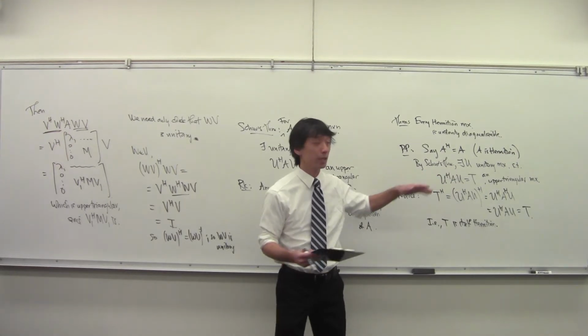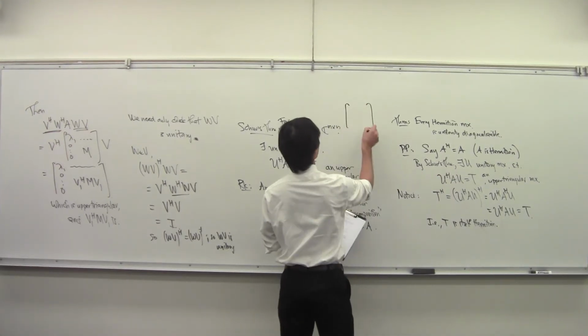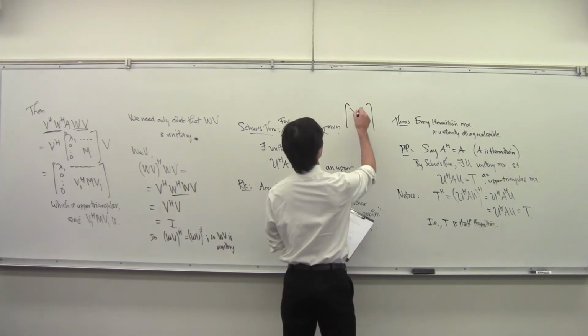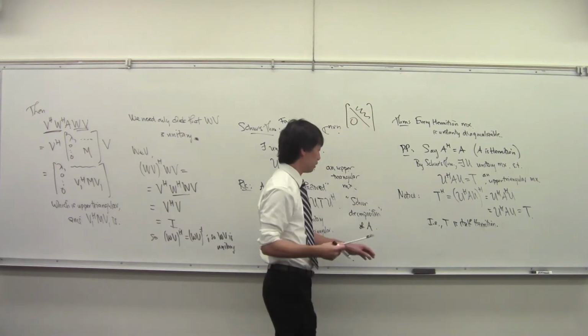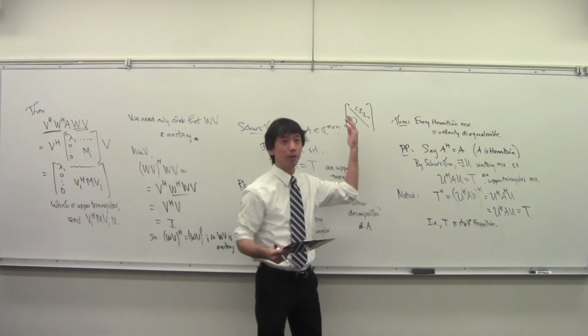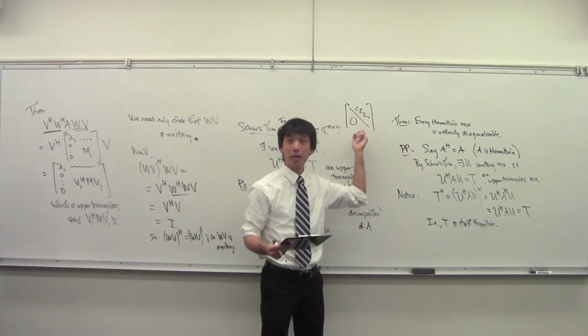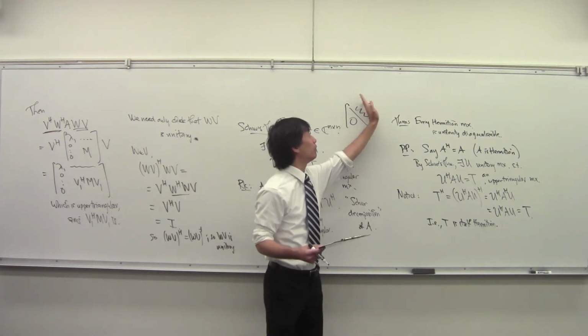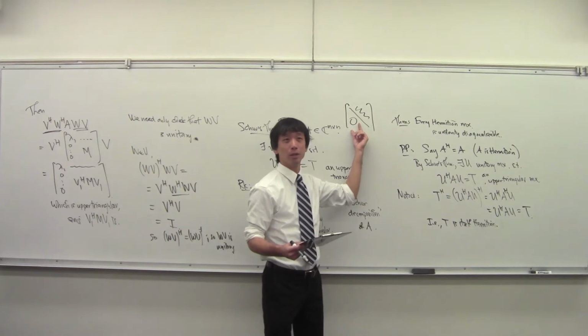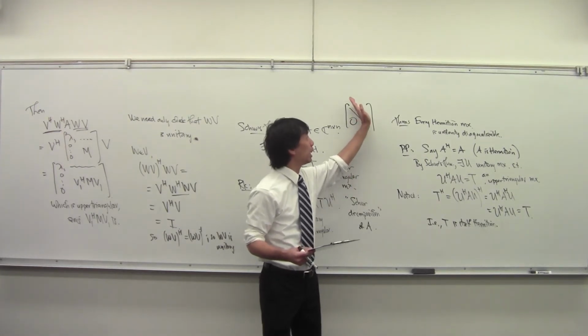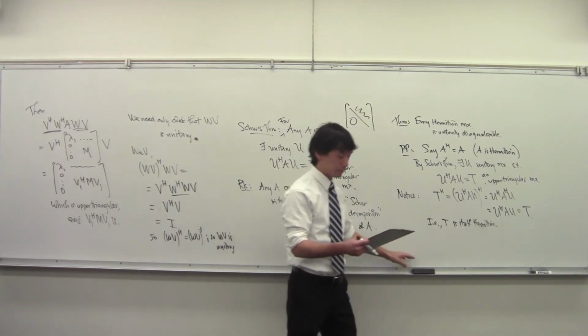And it's upper triangular, so everything down here is 0. You flip it over, take the conjugate, it equals itself. What do you see about it? It has to be diagonal. All these guys above the diagonal must be 0.